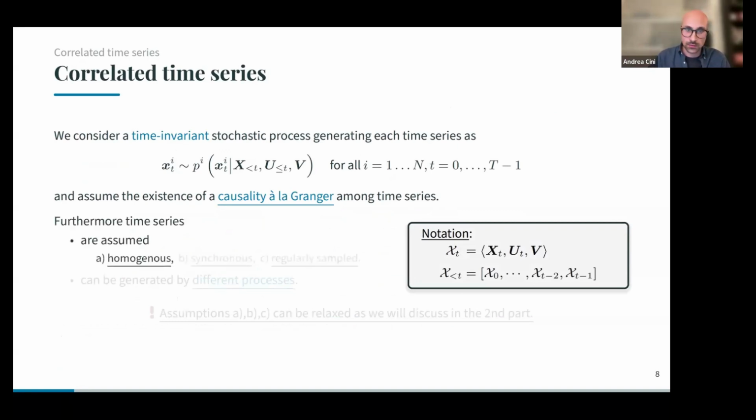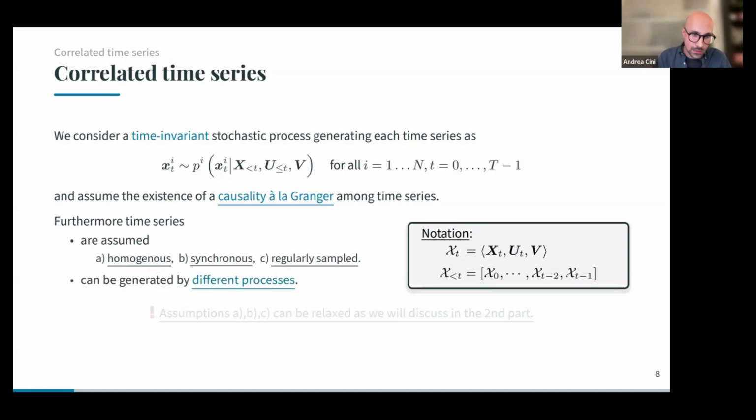Furthermore, we also assume that all of these time series are homogeneous, so that the observables for each time series have the same physical meaning, and that the observations happen synchronously over time and also regularly.